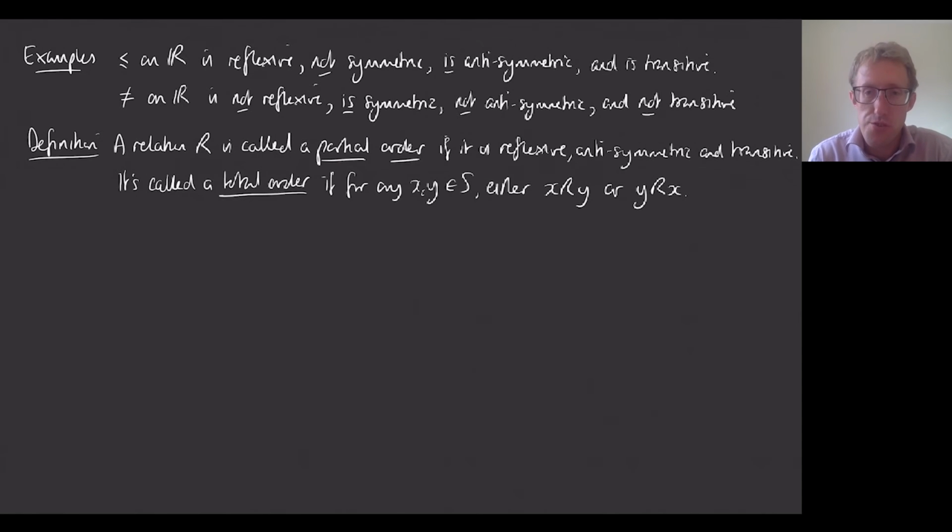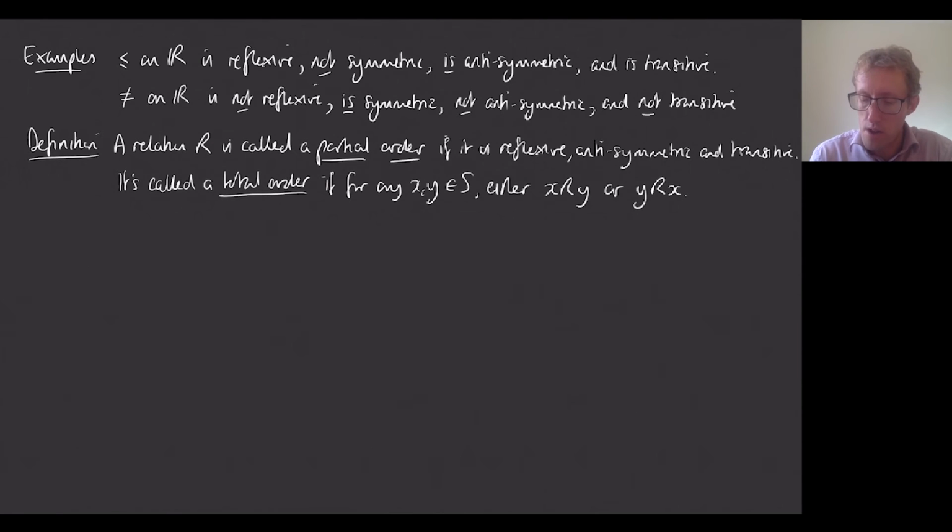So the less than or equal to sign would be a total order, because it does have this property that one or other of those two relations must hold, or in fact both of them, if x is equal to y. And so that then leads to an ordering of the set. We talked about this in the context of the natural numbers, and the same thing works in the context of the real numbers as well.